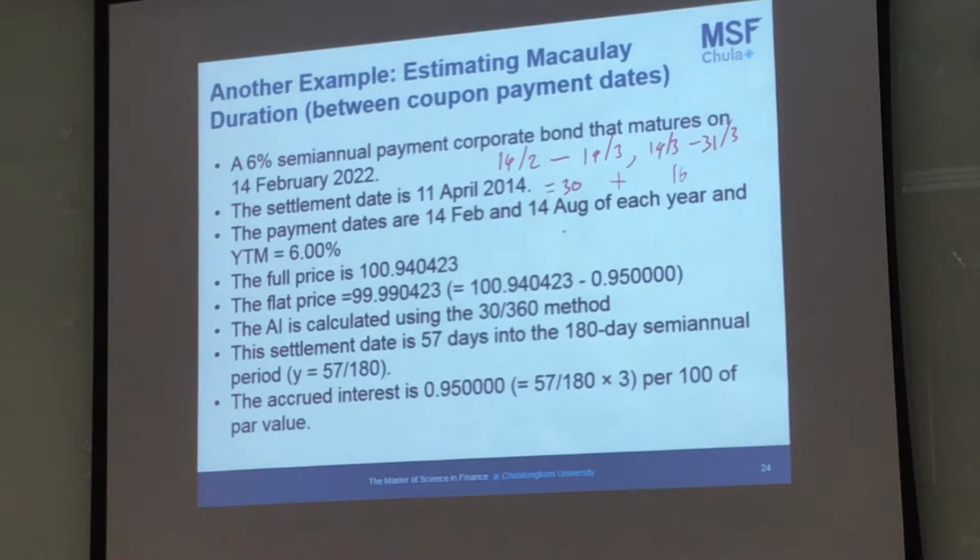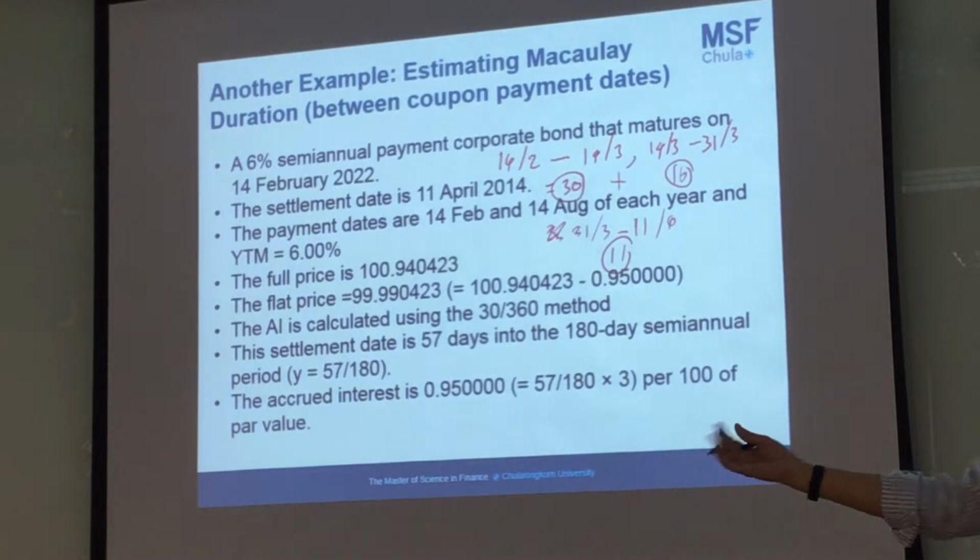And then from 30th of March to 11th of April, there will be only 11 days. From 31st of March to the 1st of April is 1 day. Okay, and so on.